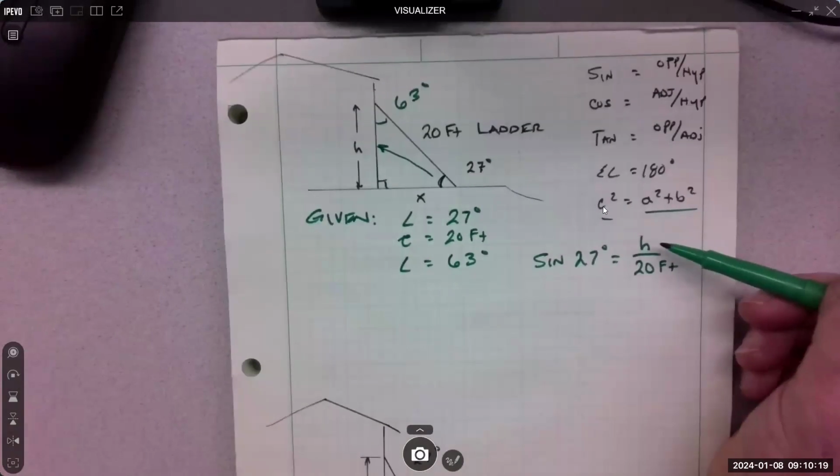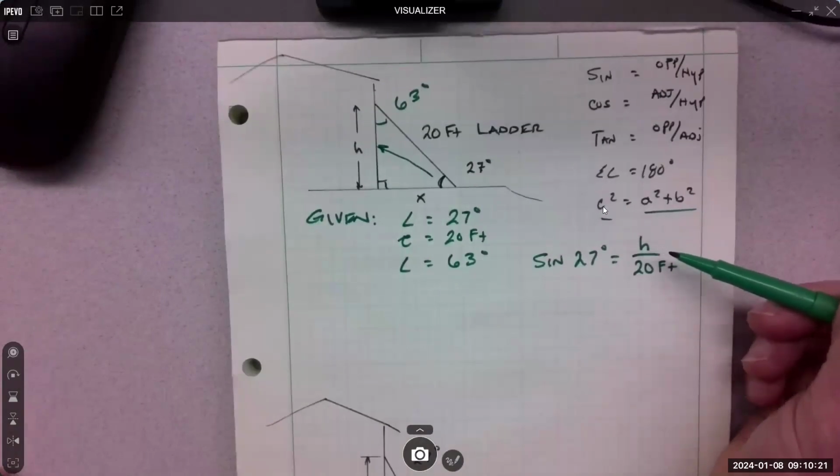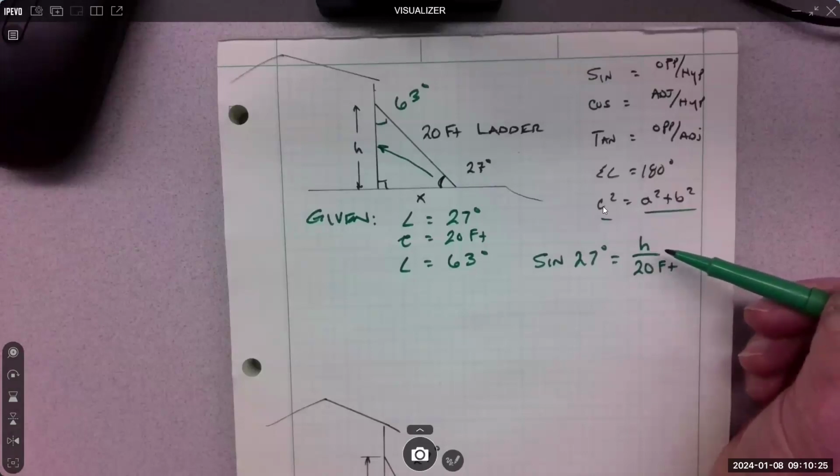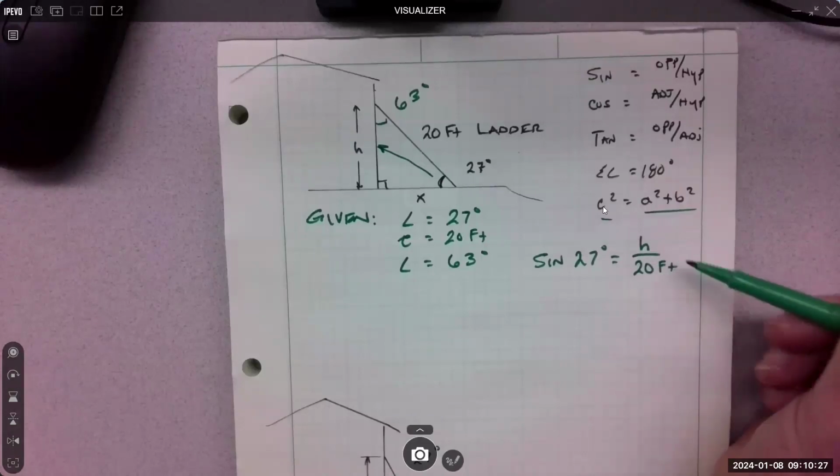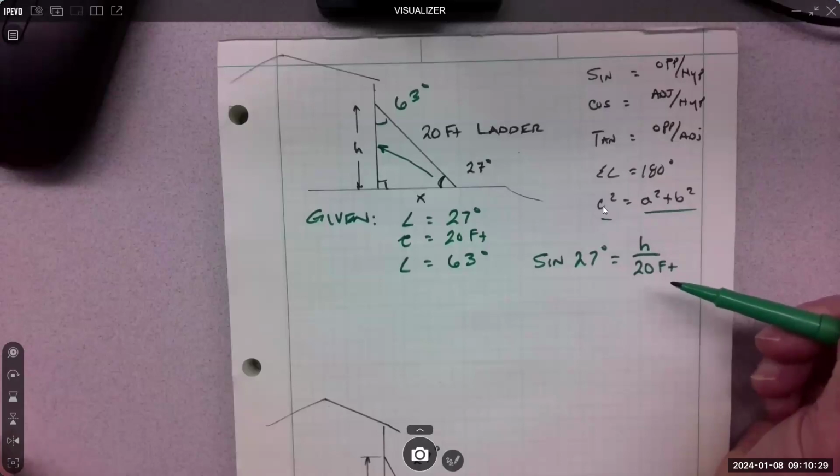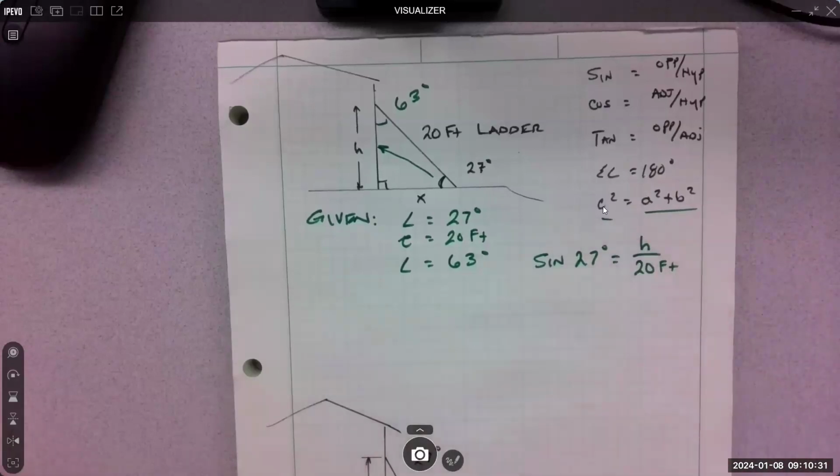So instead of writing opposite, I write h, because that is the opposite side to the 27. I know c, so you put it in, right? If you've chosen a function or a formula correctly, it should have one variable in it. If you write it out and it's got two variables, then you don't want to do multivariable algebra yet. We'll have to do that at some point, but not yet.